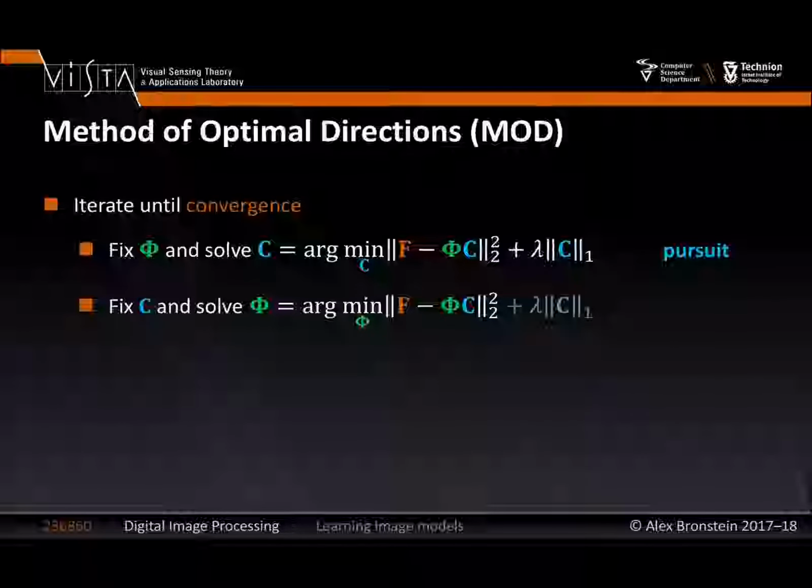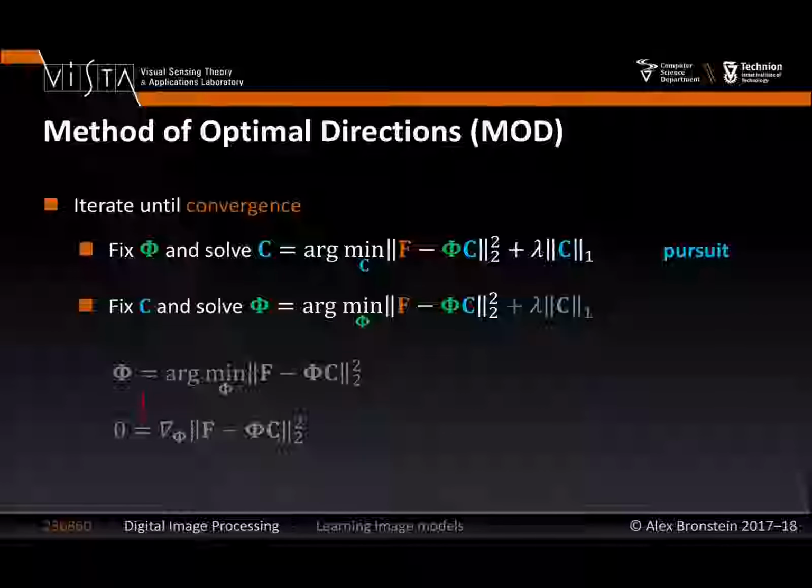Okay, so let's quickly look at the second problem that we have, the step in phi. So we want to solve this optimization problem, right? A quadratic objective with respect to phi. And let's simply demand that the gradient of this objective is 0, right? I would like to find a closed form expression for this, obviously.